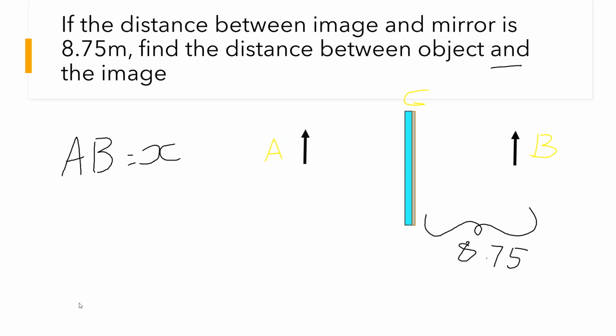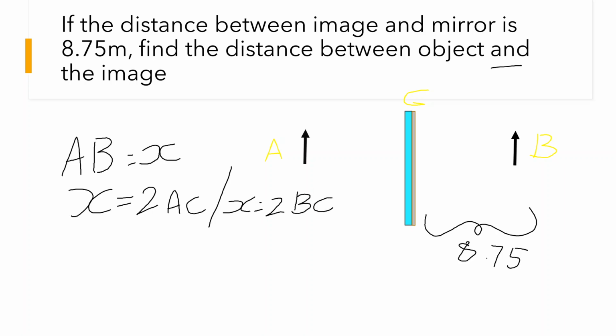AB is equal to x. So if AB is equal to x, then x is equal to twice of AC, or x is equal to 2 times of BC.